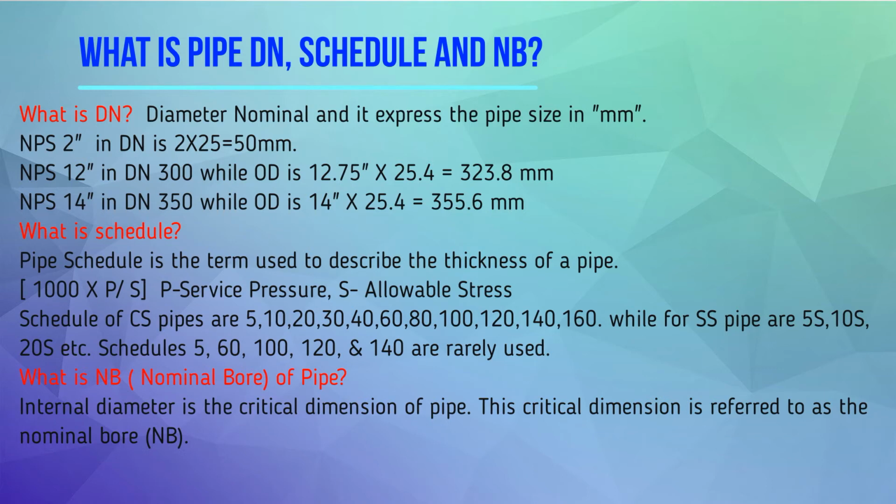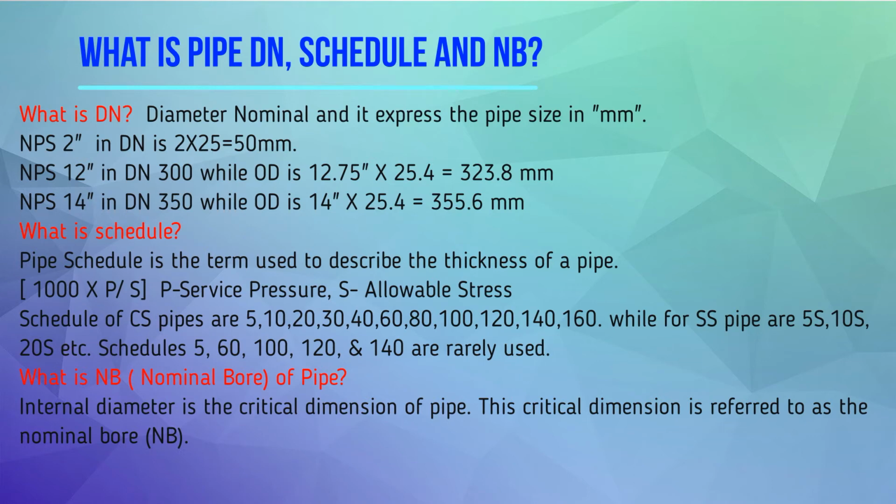For example, if I say schedule 40, schedule 40 will not give you the exact thickness in mind, so you have to consult the standard. If it is carbon steel pipe, you have to consult B36.10 to get the exact thickness against schedule 40. And if it is 40S, then you have to consult the ASME B36.19 standard to get the thickness of this stainless steel pipe.